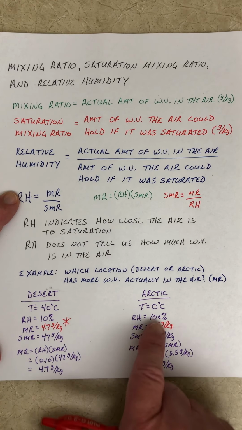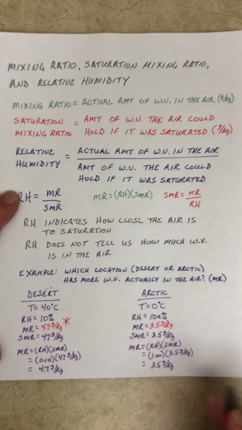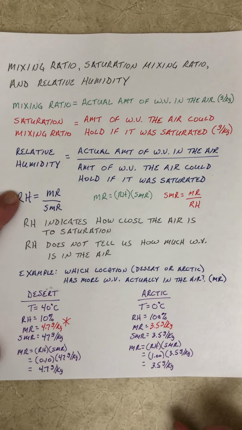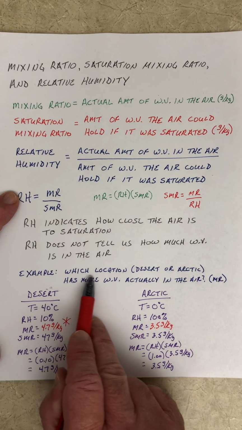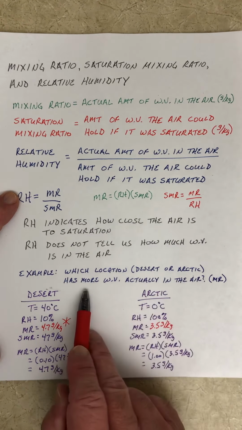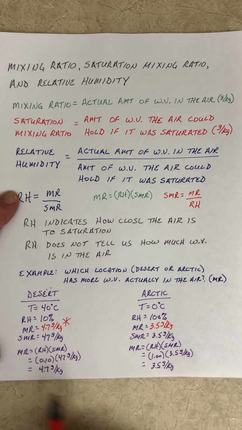In terms of relative humidity, though, the Arctic was saturated. So things aren't always as they seem. You've got to calculate them out to determine what it is. But to answer our question here, which location, the desert or the Arctic, has more water vapor actually in the air? It's the desert at 4.7 grams per kilogram.